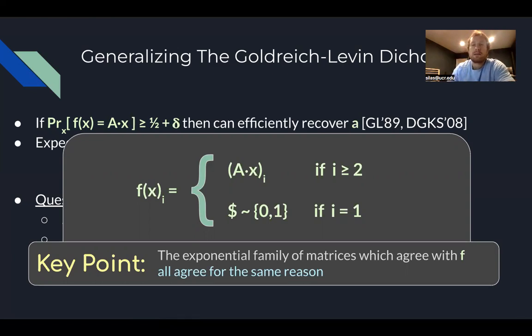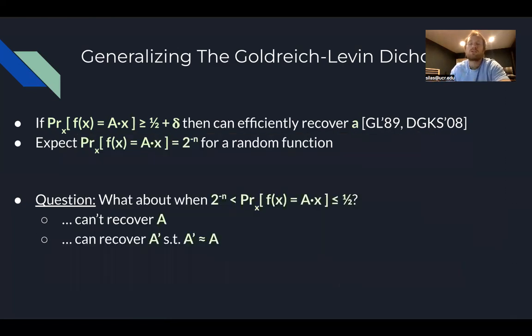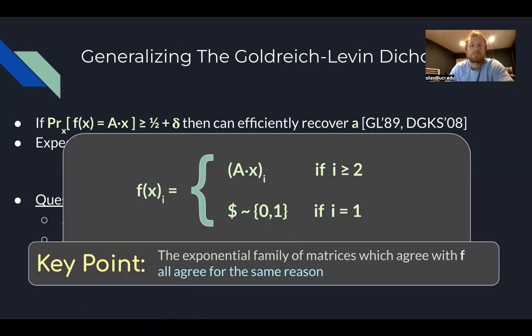In particular, all of the matrices in this family agree with F for the same reason. And so it shouldn't be our goal to recover this entire family because it's repetitive. Essentially what we show is that we can recover some A prime in this family, maybe not necessarily A, but something in this family, which is going to be just as good as A.